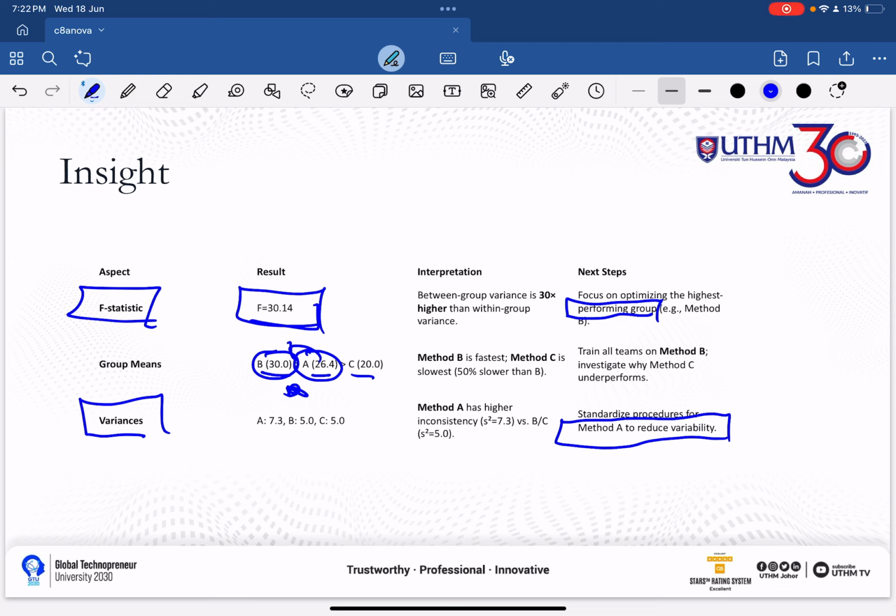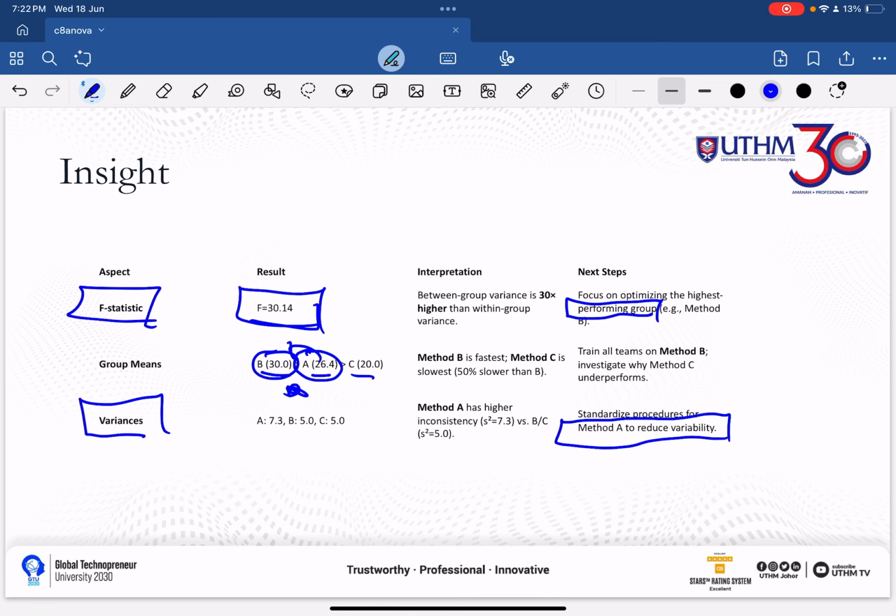Okay, if they vary, F is very large, so we need to check between the groups. Okay, between the groups. So what should we do? Right. So that is the end of the ANOVA chapter.